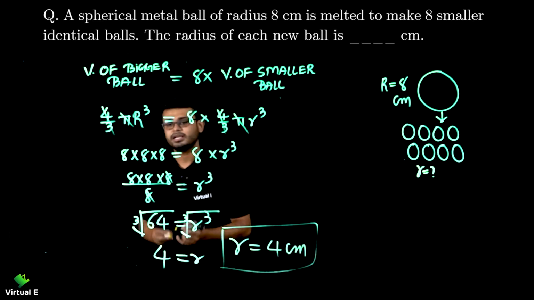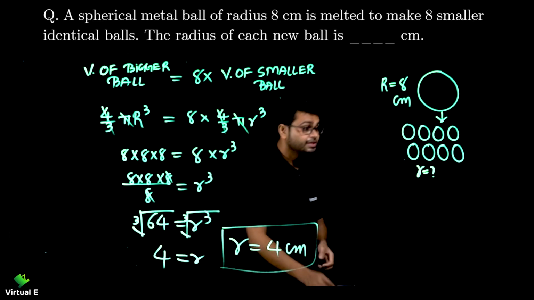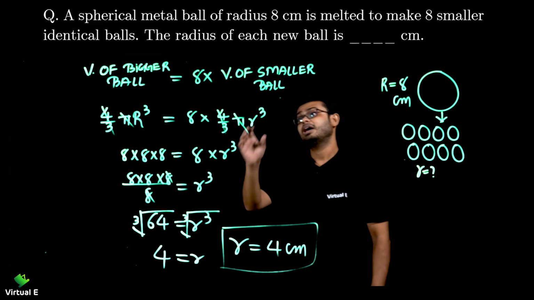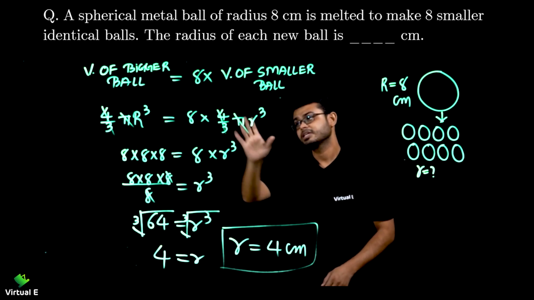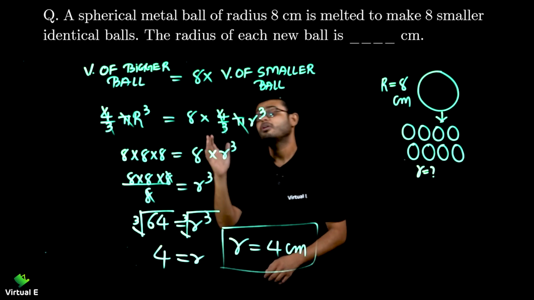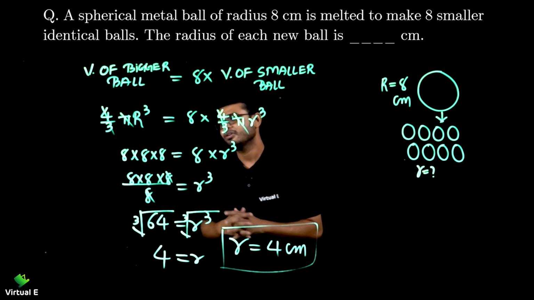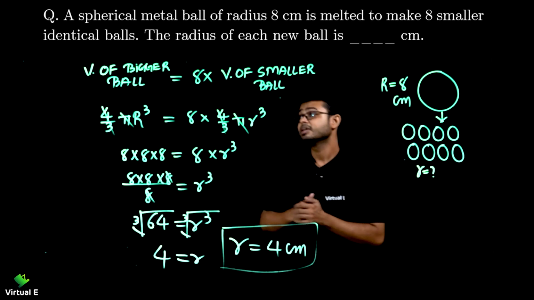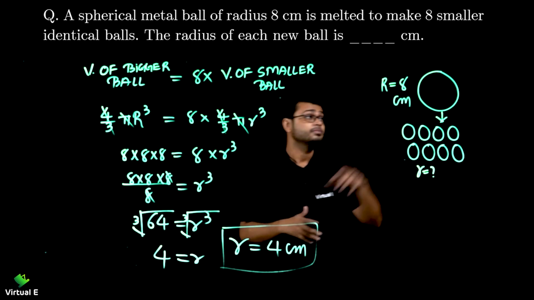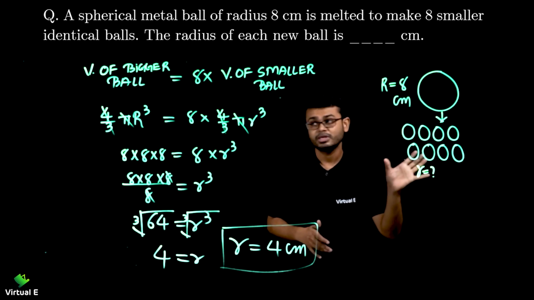What is the uniqueness about this question is that so far we were given the radius and we were finding the number of balls, but here the number of balls is given and we need to find the radius of the smaller balls, right? So let's repeat one more time. This ball is being melted into smaller ones.